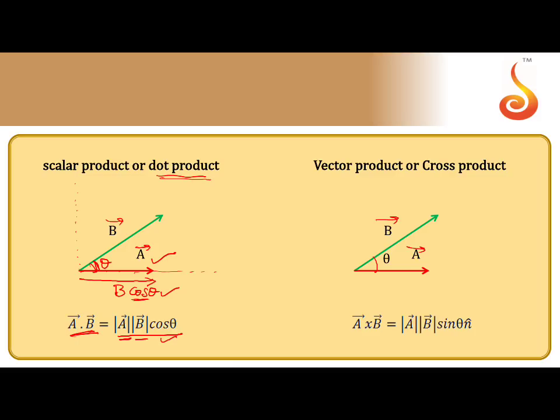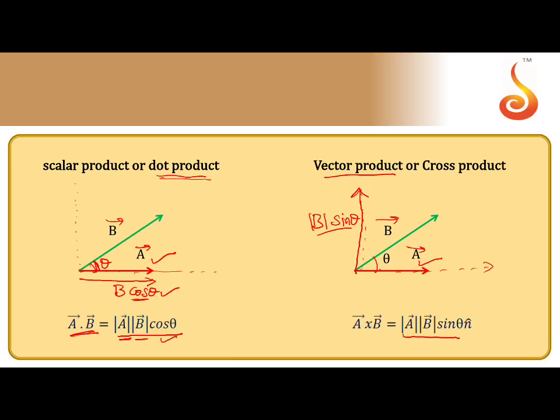What about the vector product? Again, now they both are not in the perpendicular direction. Vector product is the product of two vectors which are perpendicular to each other. I will split B vector into two components. One perpendicular to A will be mod of B sine theta. Now you observe vector A and B sine theta are perpendicular to each other.